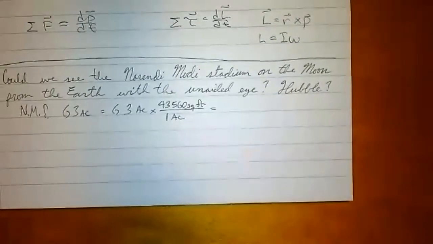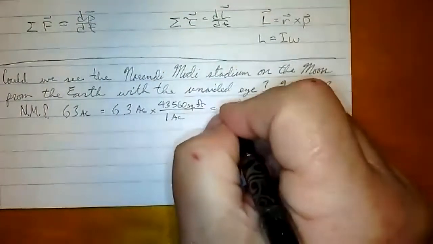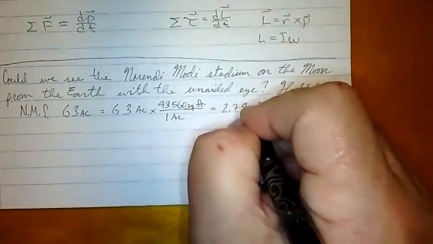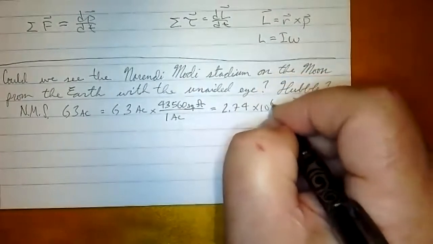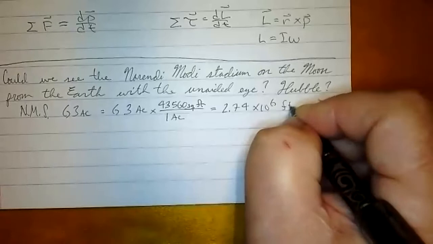So I know that, so that's basically the square feet. And when I do that multiplication, 63 times 43,560, that gives me 2.74, carrying one extra digit there, times 10 to the 6 feet squared.